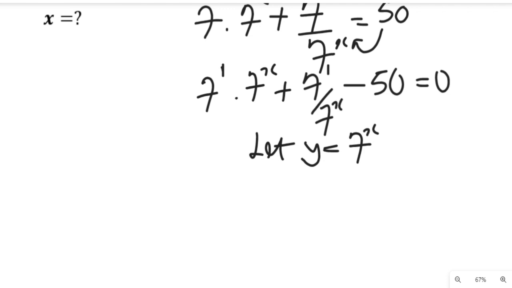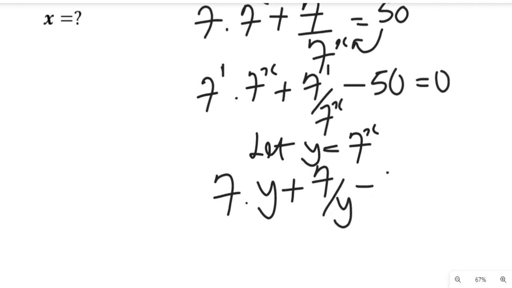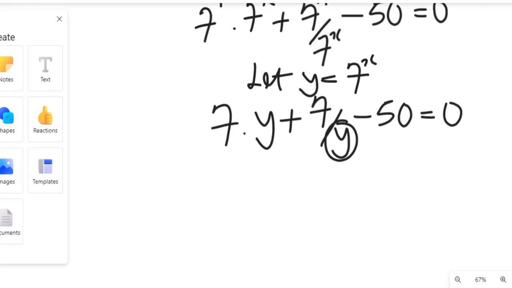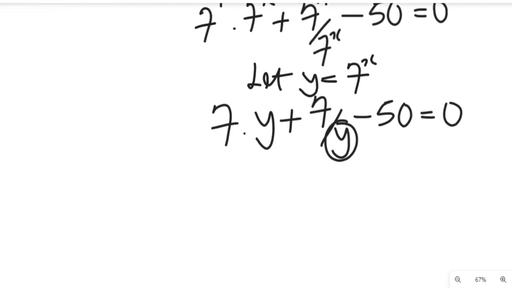If we do that, we're going to have 7 multiplied by y plus 7 divided by y minus 50, and that will be equal to 0. So to clear this y, I'm going to multiply the whole values by y.